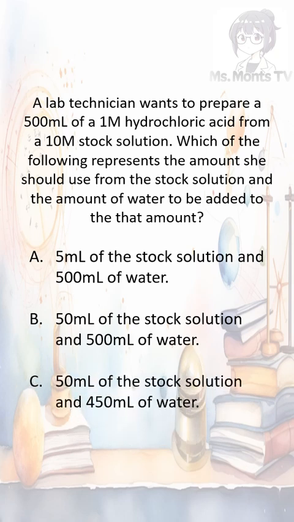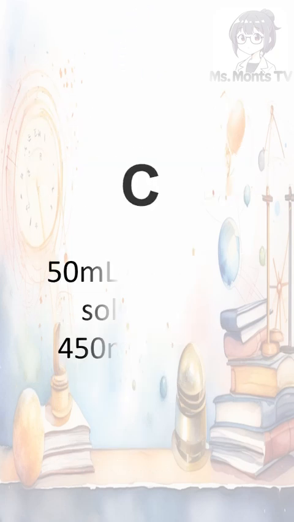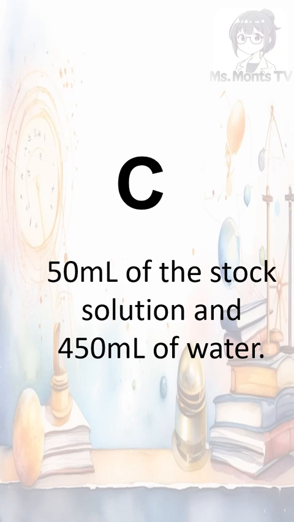C. 50 ml of stock solution and 450 ml of water. D. 5 ml of stock solution and 495 milliliters of water. C. 50 milliliters of the stock solution and 450 milliliters of water.